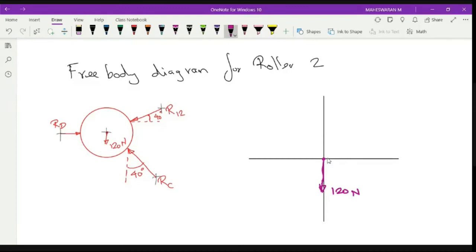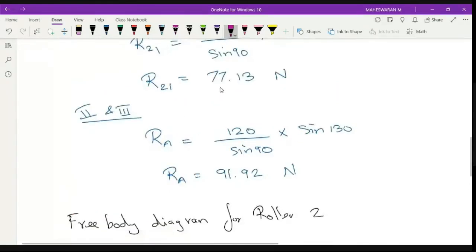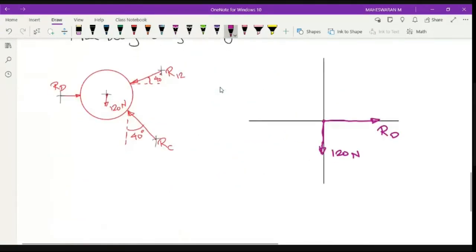RD towards the x-axis. R12 we already identified from your previous work. R12 is 77.1. So this comes in the third quadrant, so I will draw it in the third quadrant.